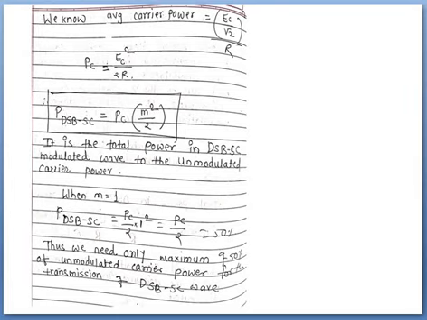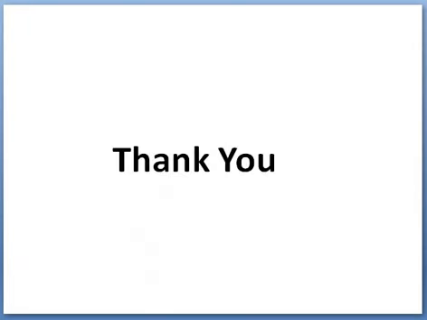When m is equal to 1, we can put the value of m as 1. Then power is nothing but PC divided by 2, that is 50%. Thus we need only a maximum of 50% of the unmodulated carrier power for the transmission of this DSB SC wave. So in this lecture we have discussed DSB SC. Okay, thank you.